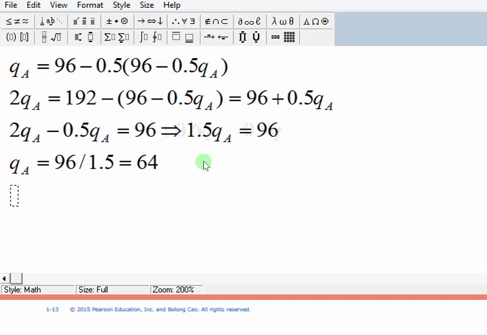And basically by symmetry, we can say, because United and American both have the same cost structure, they face the same market demand curve, and they are producing the same identical product, QU in this market is also 64 for the so-called Nash-Cournot equilibrium.